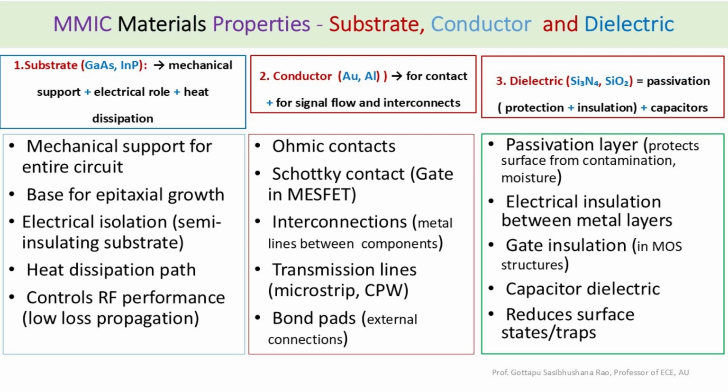Conductors, such as gold or aluminium, are used for ohmic contacts, gate metallization, interconnections, transmission lines, and bond pads. Dielectric materials, such as silicon nitride and silicon dioxide, are used for passivation, insulation, gate dielectric structures, and capacitors. Together, these materials determine the electrical, microwave, and thermal performance of the MMIC.